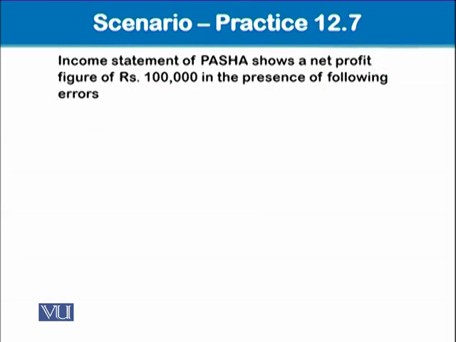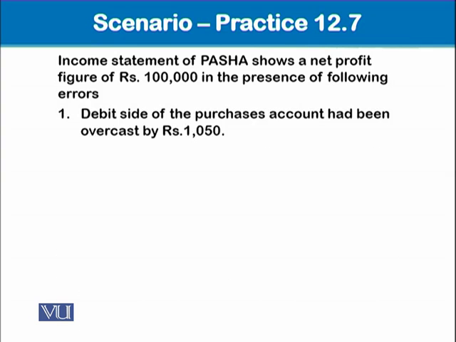All right. So let's see, there is a practice question in which we will see that the income statement of Pasha shows a net profit figure of rupees 100,000 in the presence of following errors. So the net profit of 100,000 is already with us, that we have already calculated.